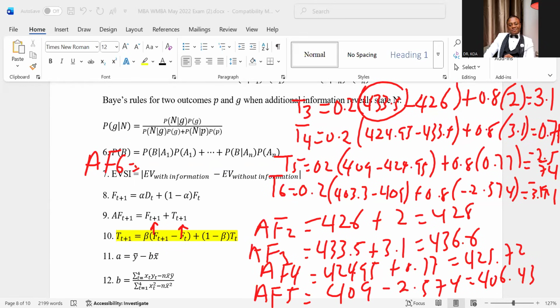That is a 403.3 minus, go and check this value here. It was minus 3.19. So minus 3.19. That will give you 400 something, 400.1 or something, or 390. Check it in. 400.15.